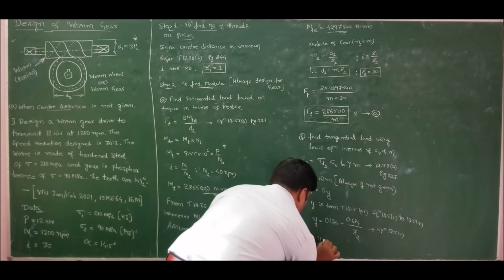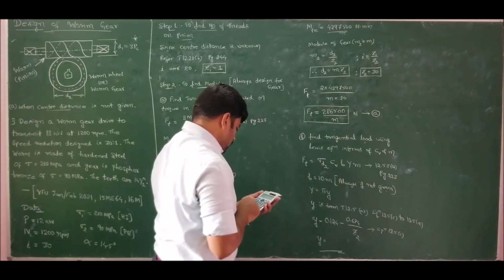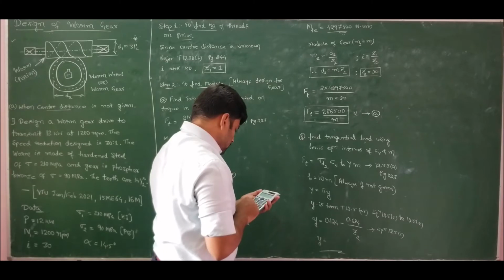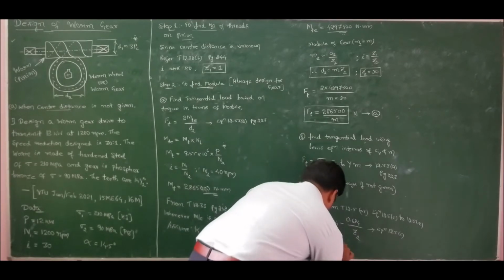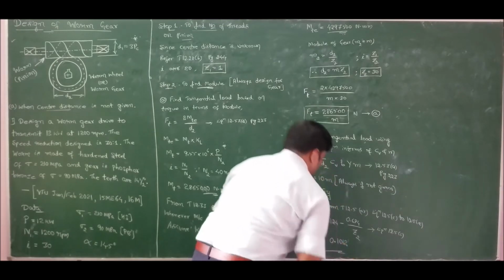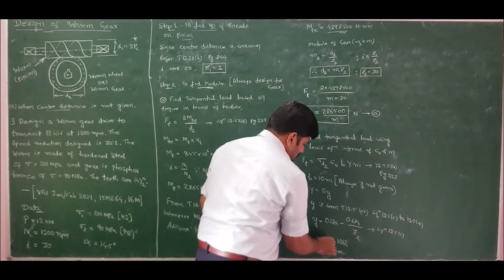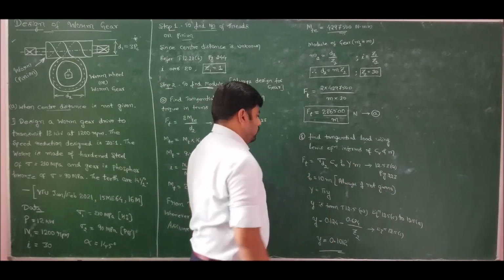If I substitute Z2 as 30 and solve, I will get 0.124 minus 0.684 by 30, which is nothing but 0.1012. 0.1012 is the Lewis form factor, and I don't know the value of m.